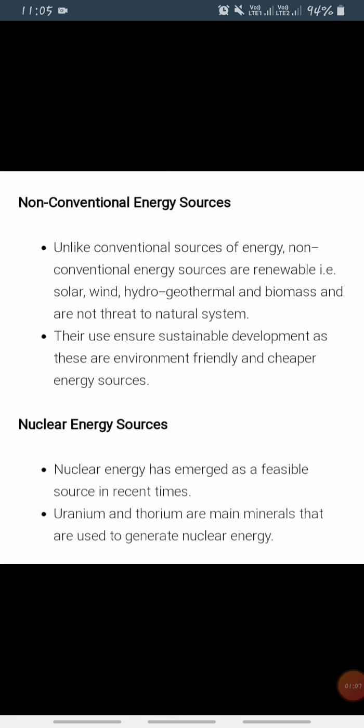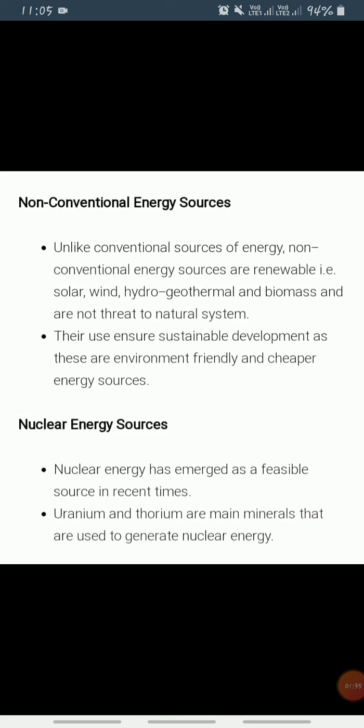These energy sources are more equitably distributed and environmentally friendly. The non-conventional energy sources will provide more sustained, eco-friendly, cheaper energy after the initial cost is taken care of. So in this, first we will discuss the nuclear energy resources.